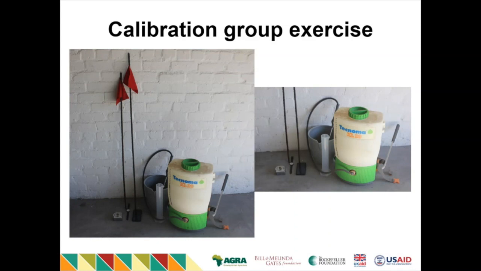There's also a smartphone that has a timer on it. Of course, we also have to have the knapsack sprayer there, and you can see a bucket and a measuring cylinder. With this simple equipment, one can then run a group exercise to calibrate the knapsack sprayer so that the farmer is applying the right dosage of pesticide onto the maize.